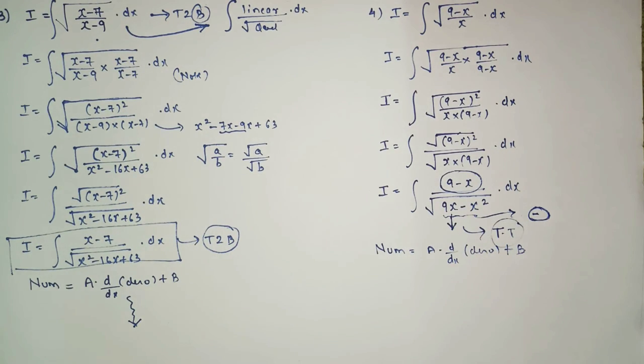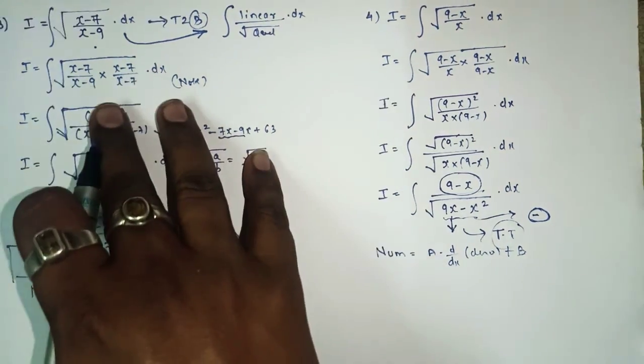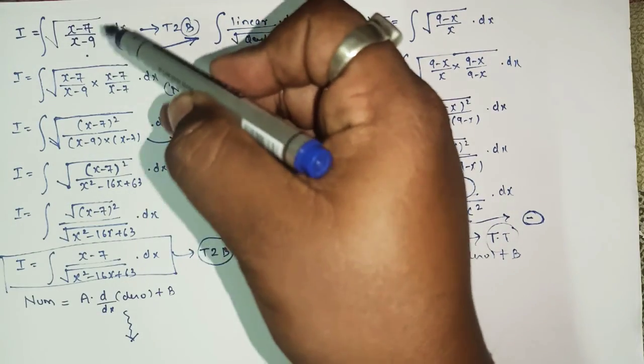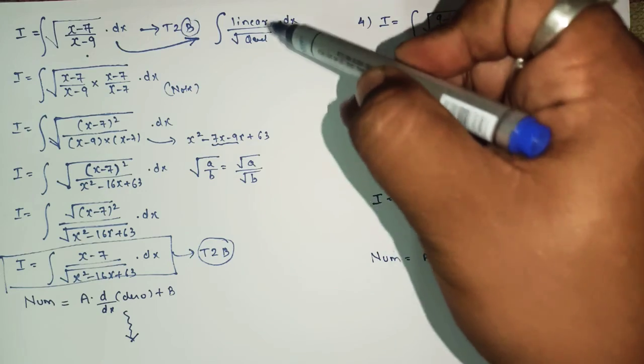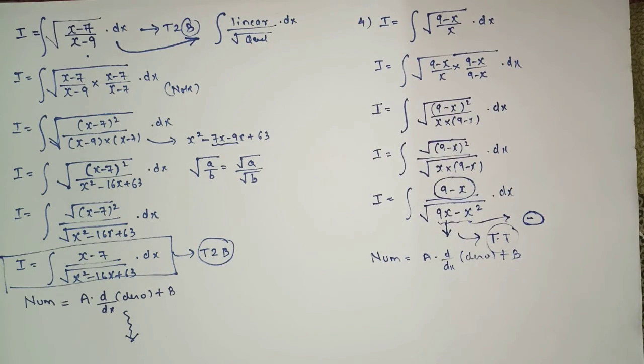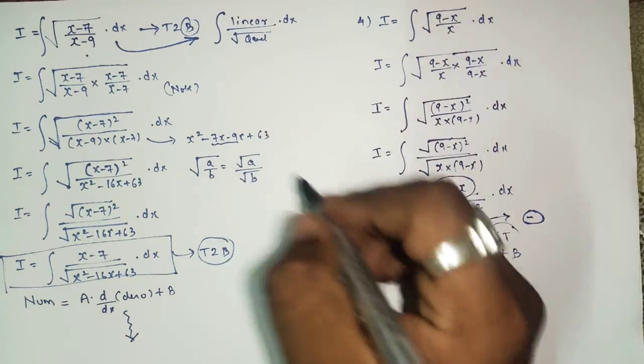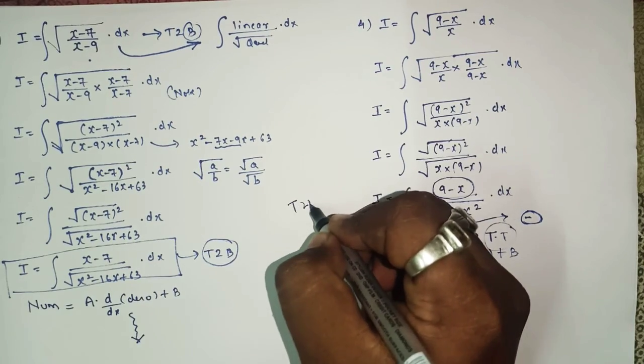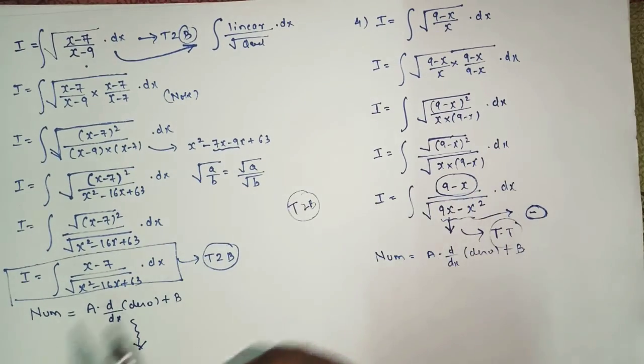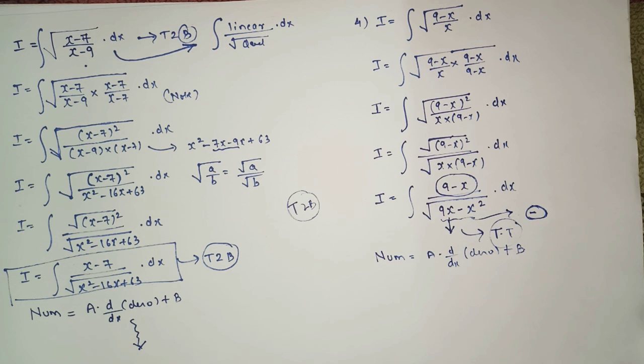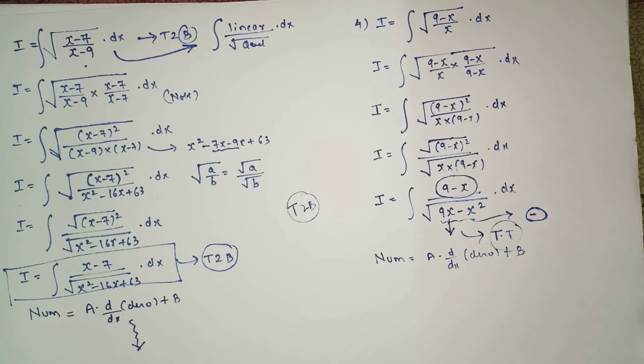Simply I am explaining the format of how to convert, whenever you come across root linear upon linear, into linear upon root quadratic. I hope you all understood type number 2b. So we have completed type number 1a, type number 1b, as well as type number 2a and type number 2b.